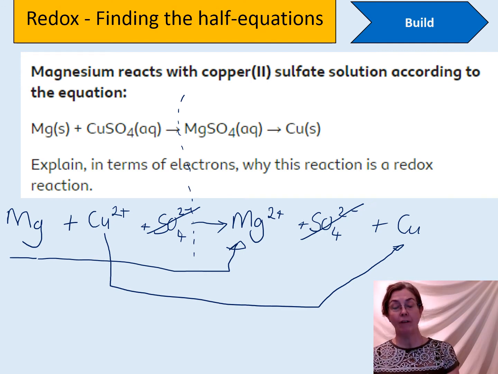So now I've shown how our magnesium is going to change and our copper is going to change, and I can write two half equations for these reactions, for these electron transfers. See if we can see that on the next slide.